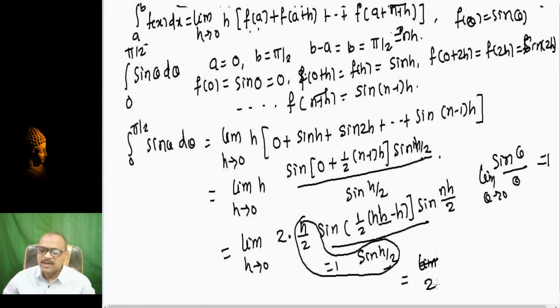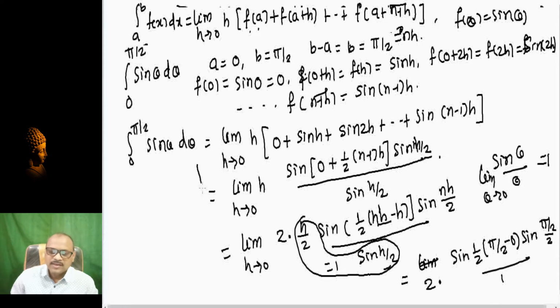Here we directly apply the limit: 1 by 2 into nh equal to pi divided by 2, h is 0, minus sine of pi divided by 2 whole divided by 2. And in the denominator we get 1, right?